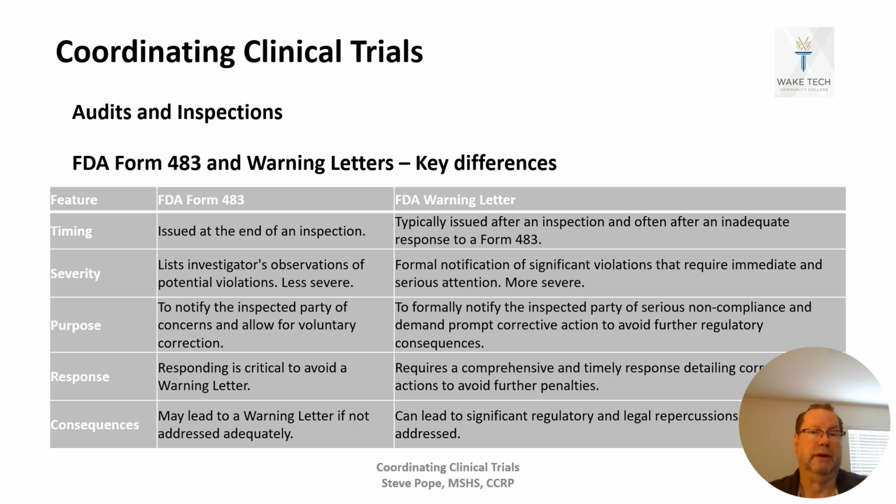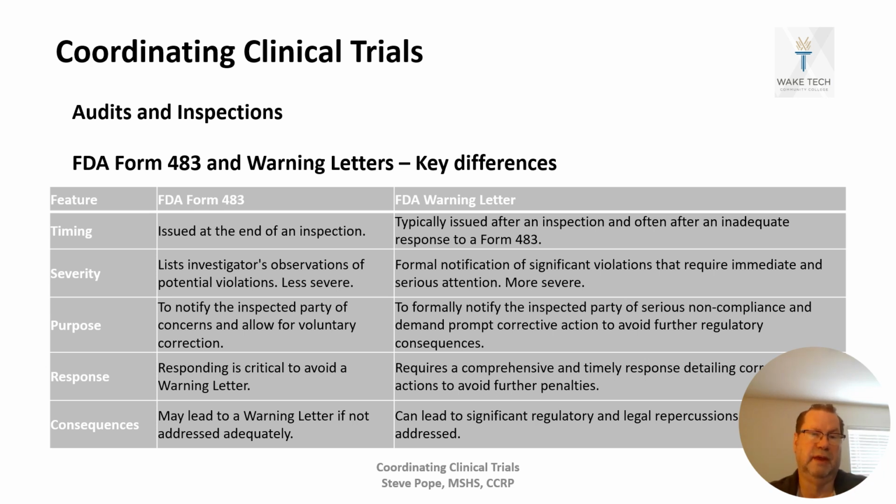Meanwhile, a warning letter is typically issued after an inspection and often after an inadequate response to a Form 43. The 43 lists the investigator's observations of potential violations and tends to be less severe. The warning letter is more severe.